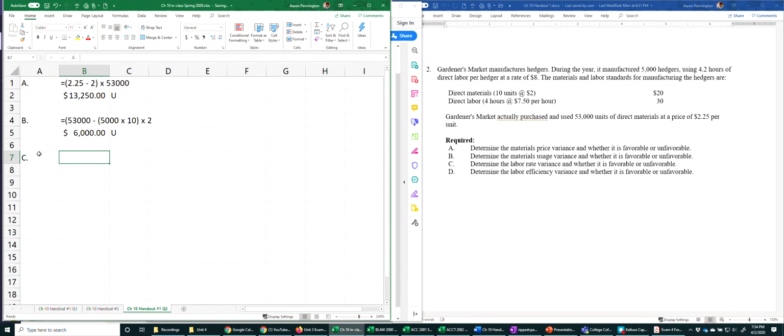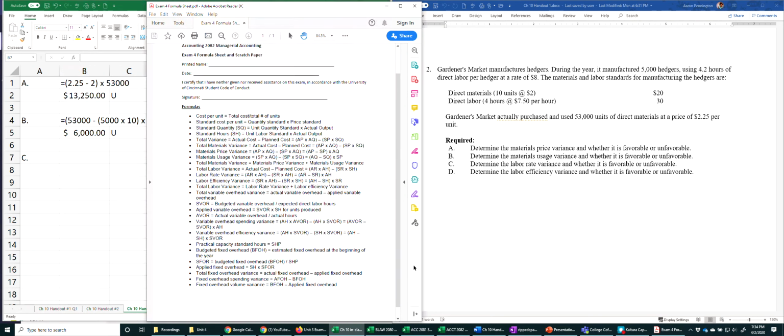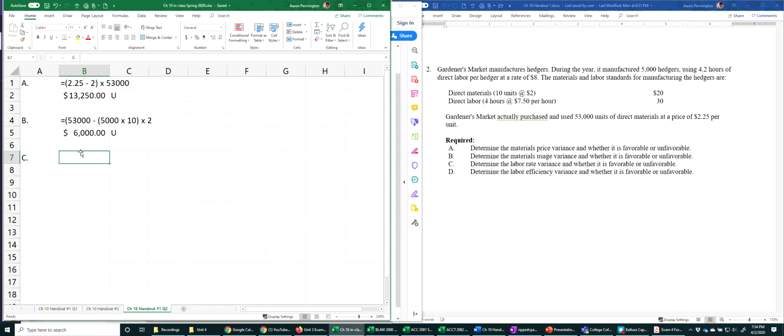C, labor rate variance. And so we can pull that formula. Actual rate minus standard rate times actual hours.